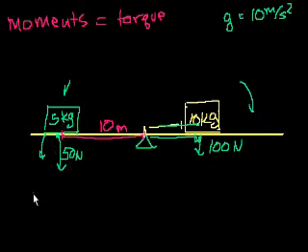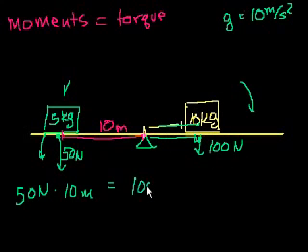We could say that the moment in the counterclockwise direction, 50 newtons times 10 meters, in order for this thing to not rotate, has to be equal to the moment in the clockwise direction. And so the moment in the clockwise direction is equal to 100 newtons times some distance.